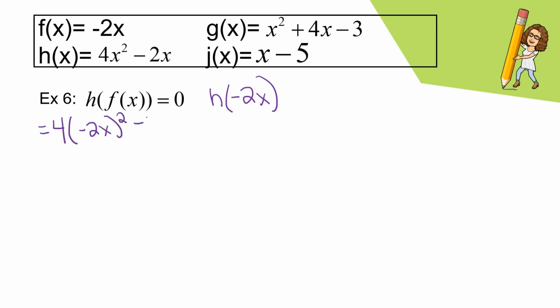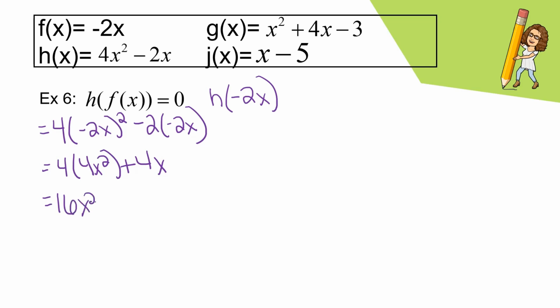Like that. Okay. Negative 2x quantity squared is 4x squared. We're going to have plus 4x right there. So this is 16x squared plus 4x, right? That is h of f of x.